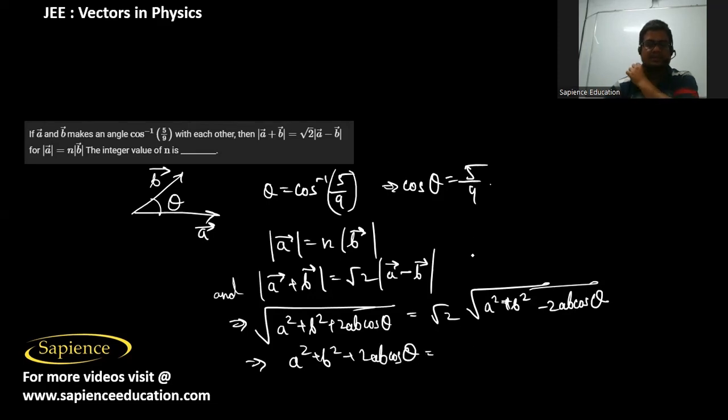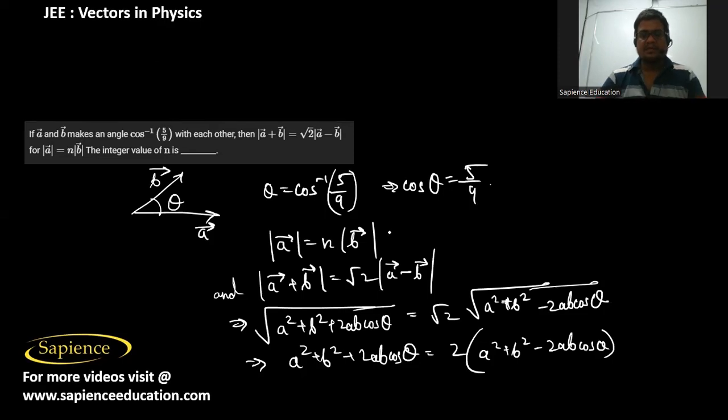Now, cos theta is obviously 5 by 9. This will be equal to 2 into A square plus B square minus 2AB cos theta. So this will be A square plus B square plus 2AB into 5 by 9, equal to 2A square plus 2B square minus 4AB into 5 by 9.